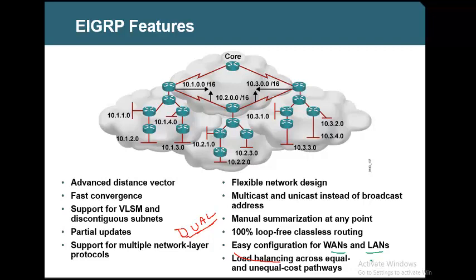Why is EIGRP not following any precautionary steps when it is connecting to the WAN? Because you don't need to enable EIGRP on the WAN side, because EIGRP is an IGP protocol.